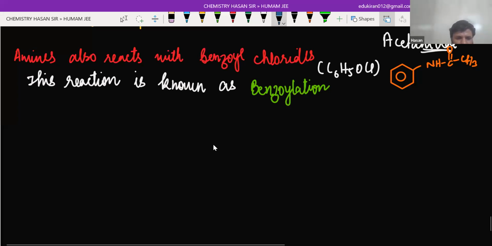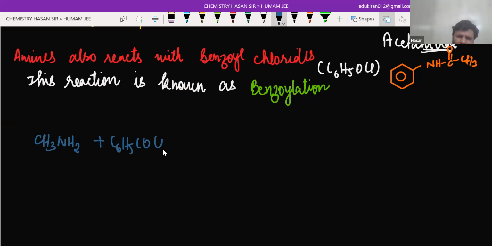Okay. So how does the reaction take place? Very simple it is. If you have this amine CH3NH2 and you are going to react this with C6H5COCl, like the first reaction that we did, basically what will happen, Cl will be the leaving group in the form of negative because it is connected to carbon, and one of the hydrogens from here will be eliminated like this.